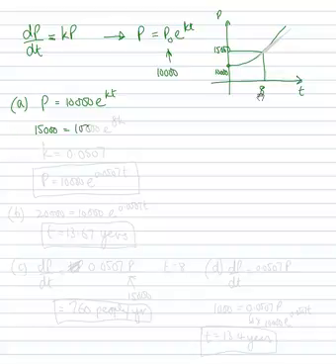So 15,000 equals 10,000 times e to the 8k. Easy enough, plug into calculator and you get k equals 0.0507. And the question says, what's the equation? So the equation is P equals 10,000 e to the 0.0507t.